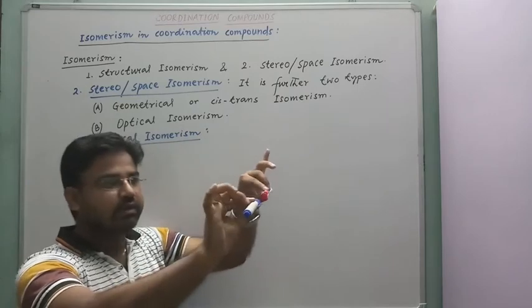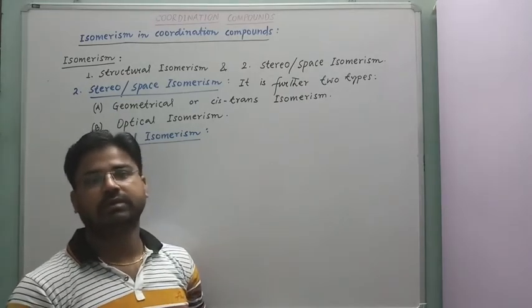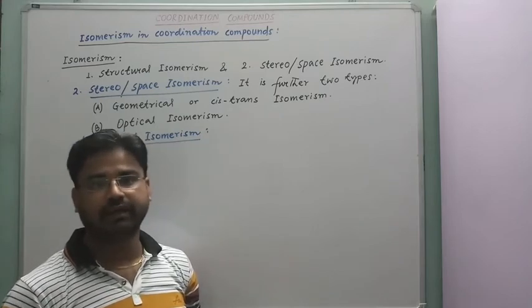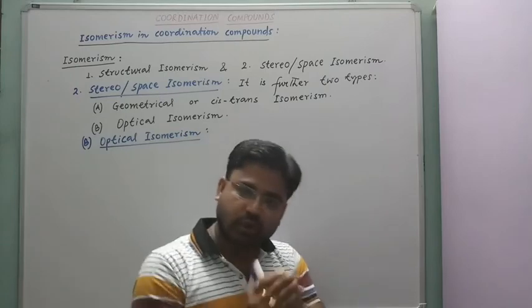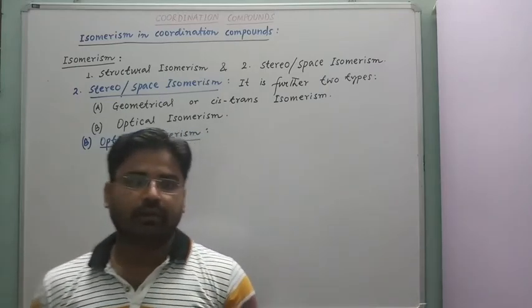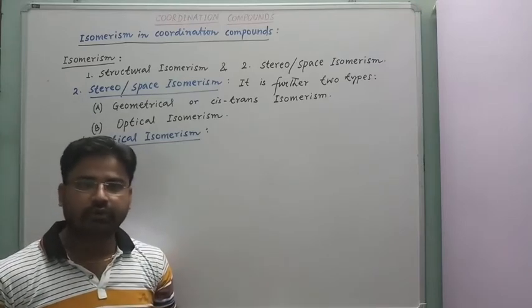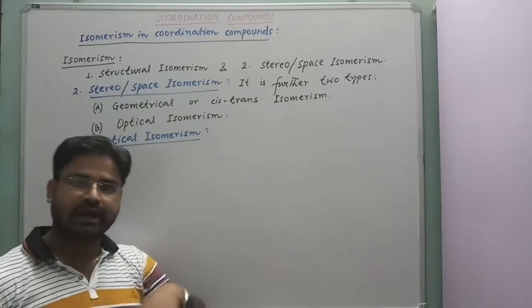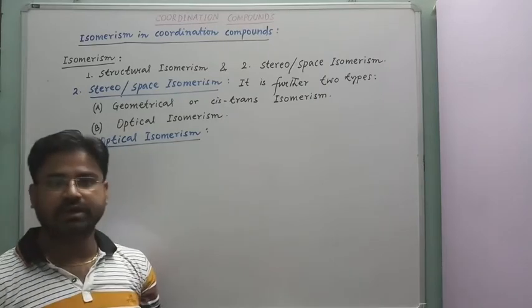So if the structures are non-superimposable, then only the substance will be optically active. The optically active substance should not contain any plane of symmetry. So the coordination compounds with coordination number 4 and 6 can only show optical isomerism.